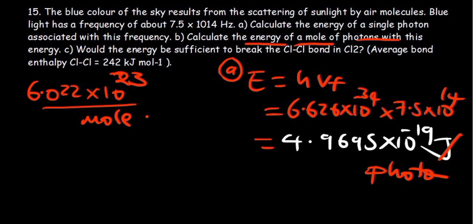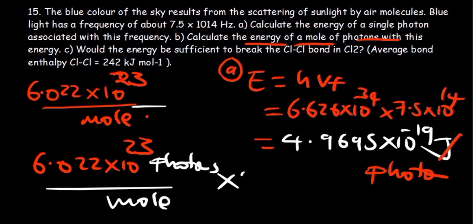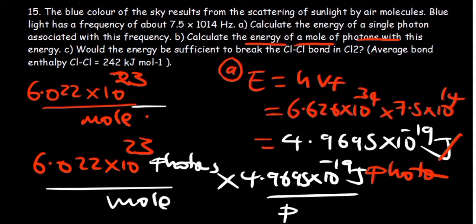So if we multiply by Avogadro's constant, 6.022 times 10 to the power 23, whose units are photons per mole, by 4.9695 times 10 to the power -19, with units joules per photon, the photons will cancel out, and the units that remain will be joules per mole.